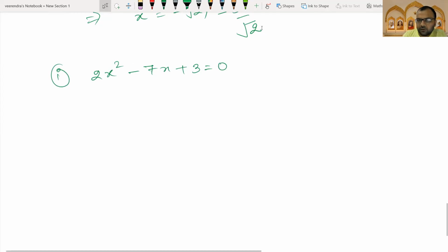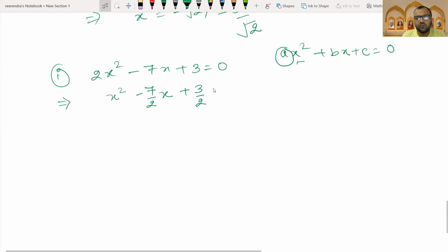If we compare it with the standard equation ax square plus bx plus c equals 0, what we will do first is make the coefficient of x square 1. So we will divide the equation by a. So here we will divide the equation by 2. After dividing by 2, it will become x square minus 7 by 2 x plus 3 by 2 equals 0.